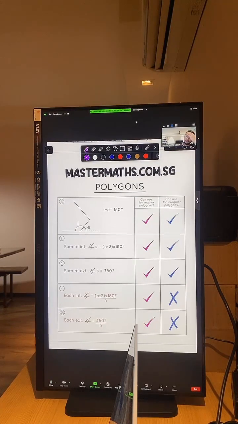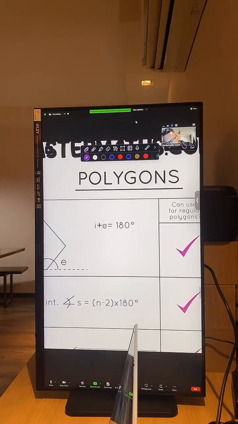Okay, so let's look at this formula list for polygons. So there are 5 formulas here. I plus E equals 180 degrees. What are I and E here, guys? I here refers to your interior angle, and E refers to your exterior angle.